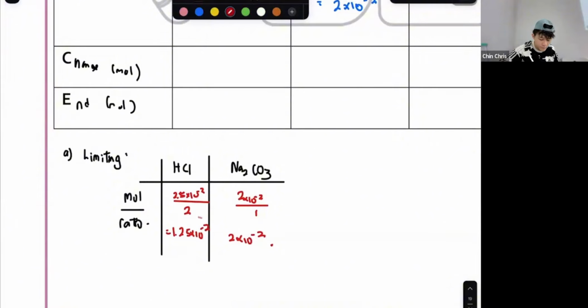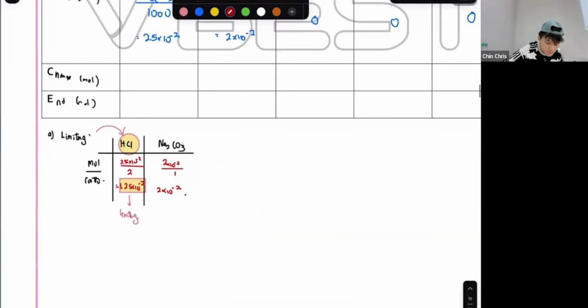Is that right? So which means my HCl is our limiting. I see. And do you see a smaller mole ratio? Please ask me if you don't know, guys.